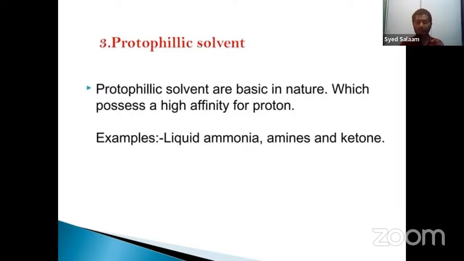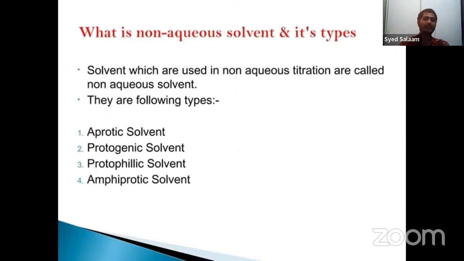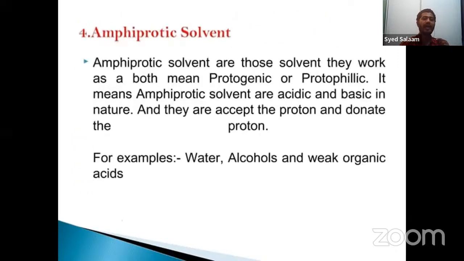Examples like liquid ammonia, amines, and ketones are used as protophilic solvents for various acids. Then we have amphiprotic solvents, which accept as well as donate protons. Alcohols and weak organic acids have this amphiprotic property.